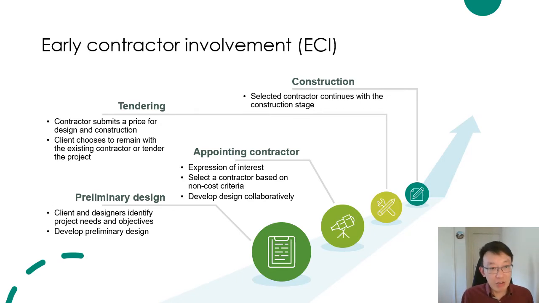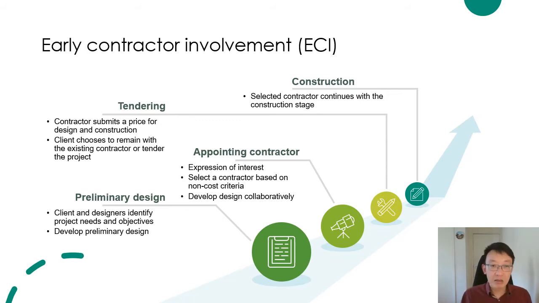So in this stage, the contractor who has collaborated with the client and the designers submits a price for design and construction of the project. After the client receives the price submission or the tender submission from the contractor, then the client has two options. The first one, to remain with the existing contractor.